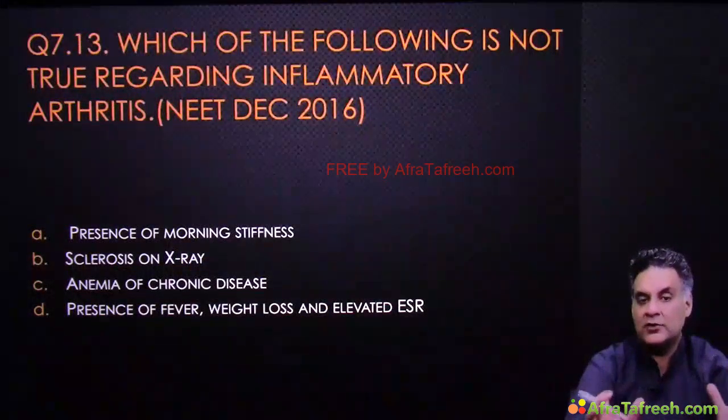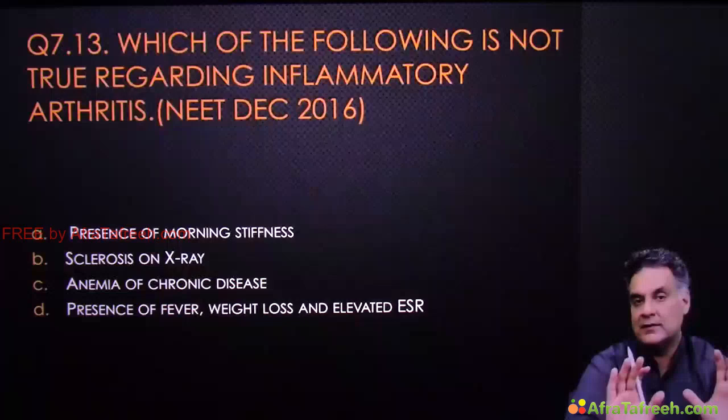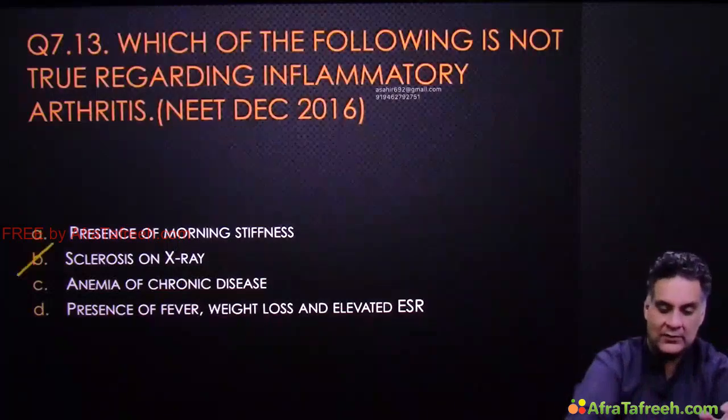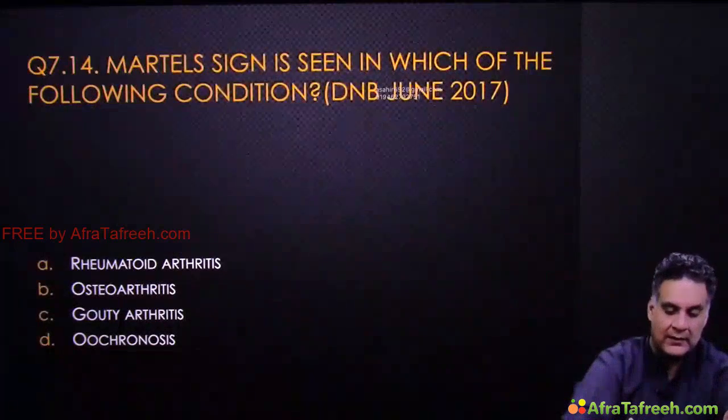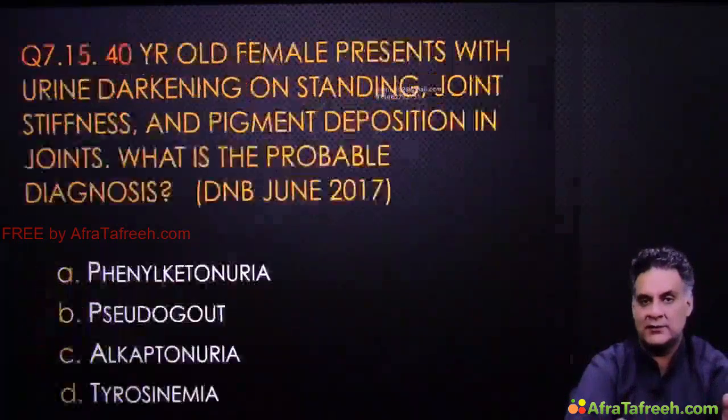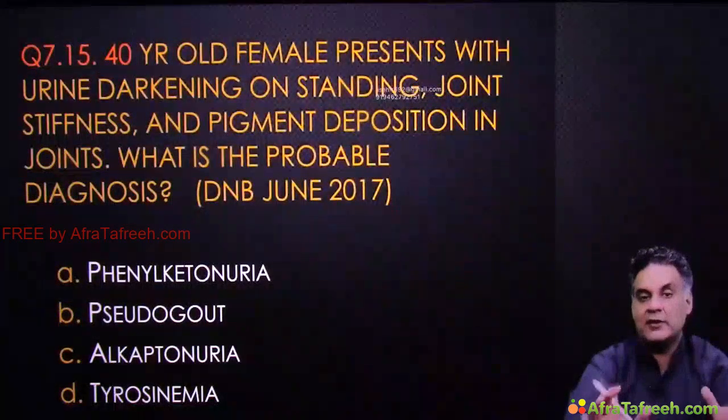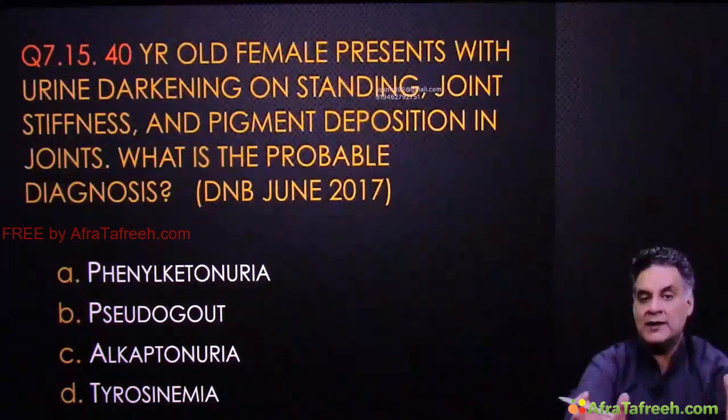Question number 13. Which of the following is not true regarding inflammatory arthritis? Presence of morning stiffness is seen. Sclerosis is not seen. There is osteopenia, so that is not seen. Martel sign is seen in which of the following conditions? Gout. Overhanging bone edge around the first metatarsophalangeal joint. A 40-year-old female presents with urine darkening on standing with pigment deposition in the bone.